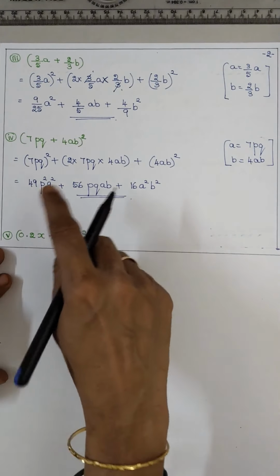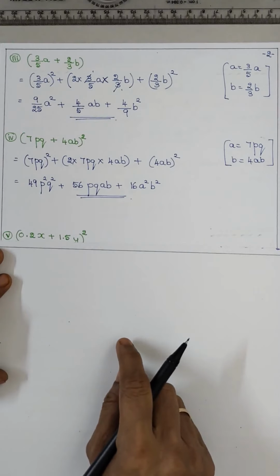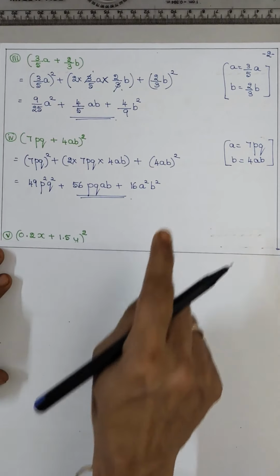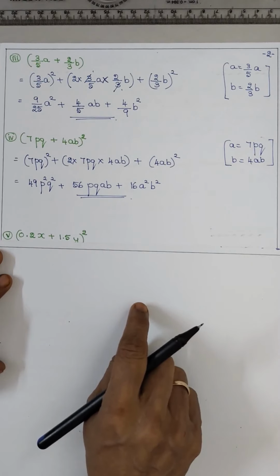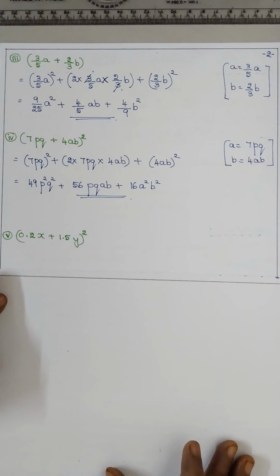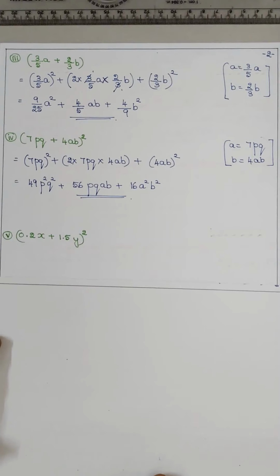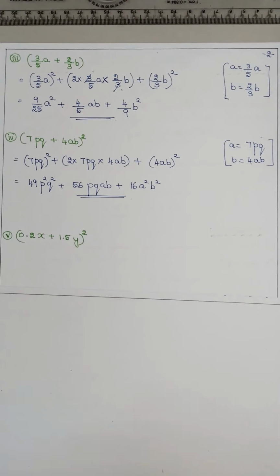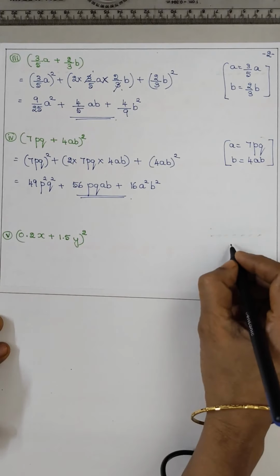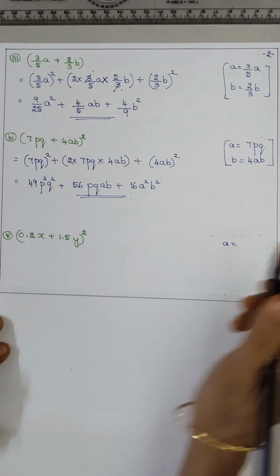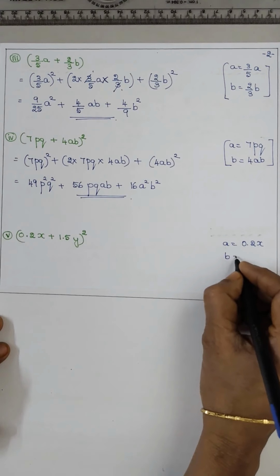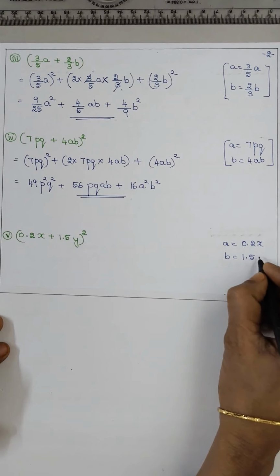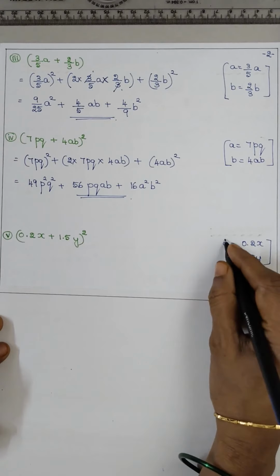See, here we can't proceed. Why? Because these are unlike terms. You can't add the unlike terms, isn't it? Now coming to the fifth sum, it's a decimal. So a is equal to the first term, 0.2x, b is equal to the second term, 1.5y.